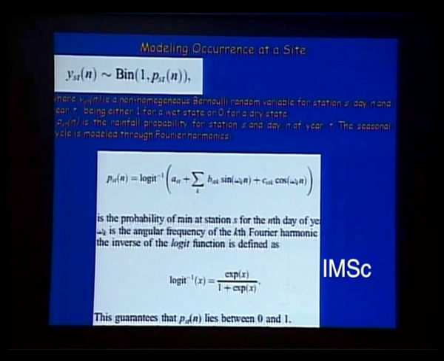We know that the probability of rainfall at certain times is more than at certain other times in the year. So to get that, you need these Fourier terms, or sines and cosines. And these omegas are simply annual cycles, so they span 365. So the logit link function of the parameter P of the binomial distribution is a function of sines and cosines.